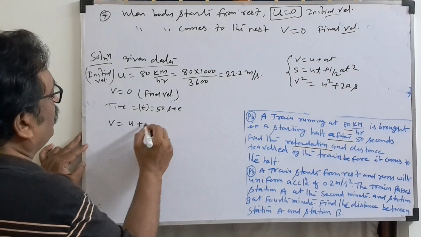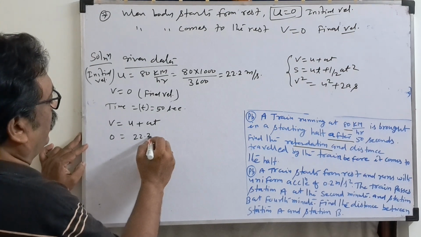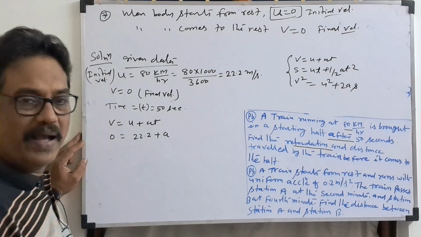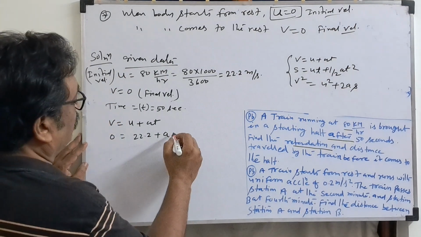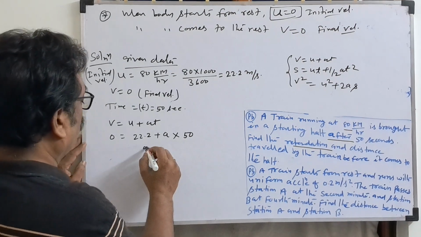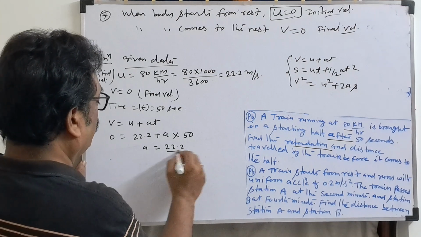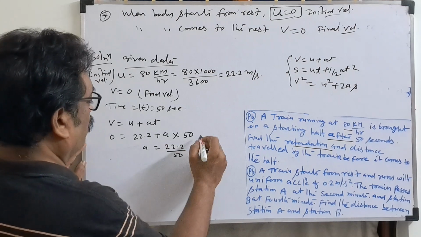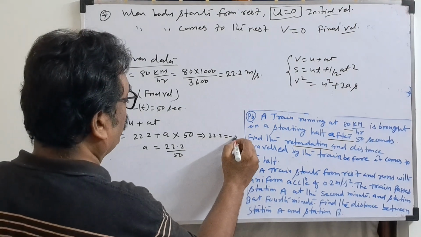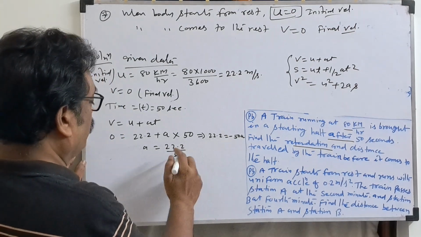v is equal to u plus at. So v is equal to 0, u is 22.2, plus a, which they are asking, times 50. We will find the acceleration. If the acceleration comes negative, that is known as retardation. So 22.2 is equal to minus 50a, so a is equal to 22.2 divided by 50.